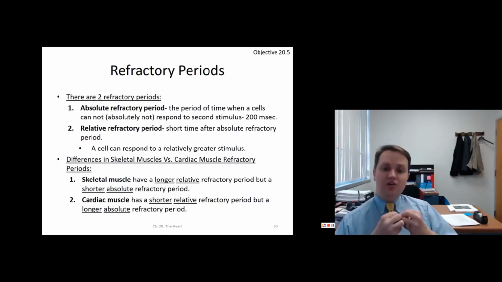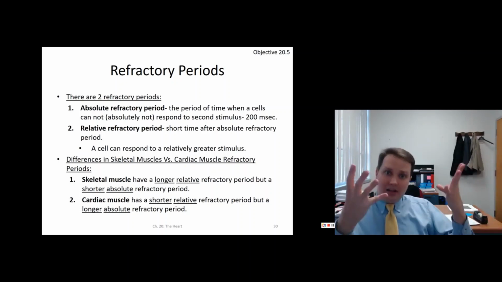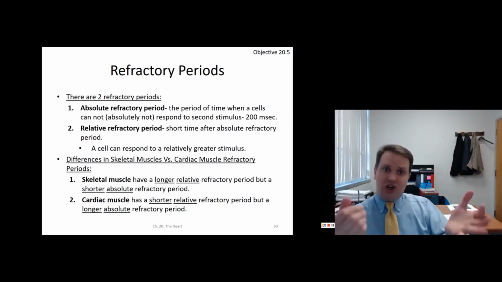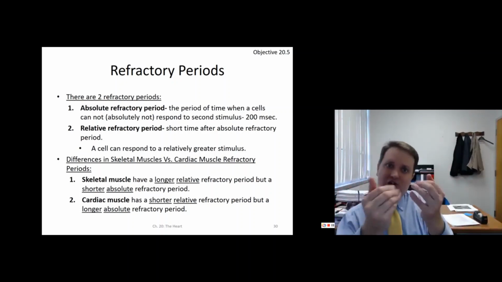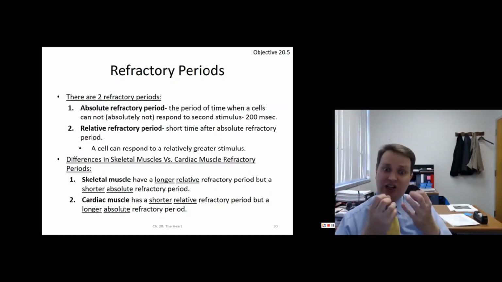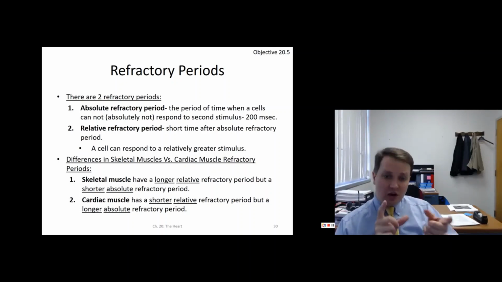You need to make sure they have a short relative and a long absolute. That way they beat like they should, not muscle contractions trying to keep constant tension on a tendon. So that's why skeletal muscles have long relative and short absolutes. So it's backwards. Cardiac muscles need short relative and long absolutes so that they don't go into a flutter and things like that.